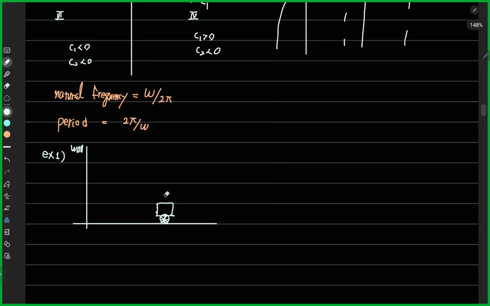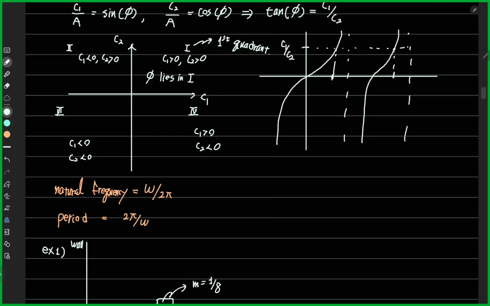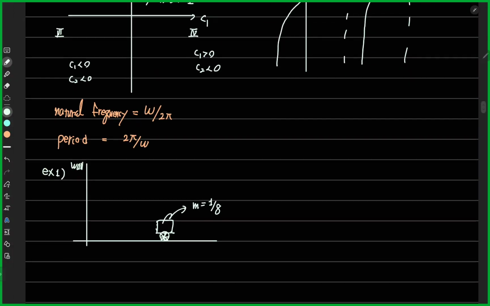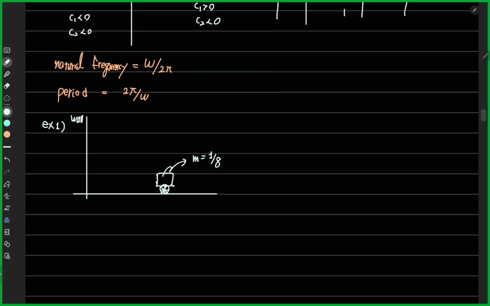So here the mass of this wagon is 1/8. Let me just ignore the unit. And then it is initially positioned at 1/2, which means that here 0 is right there. That's the initial position, which means that y(0) is equal to 1/2.